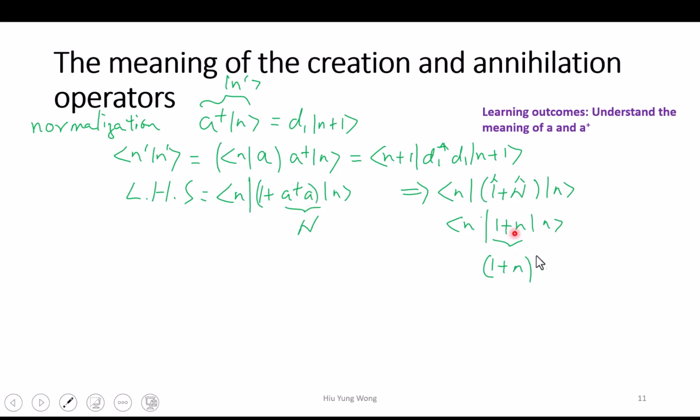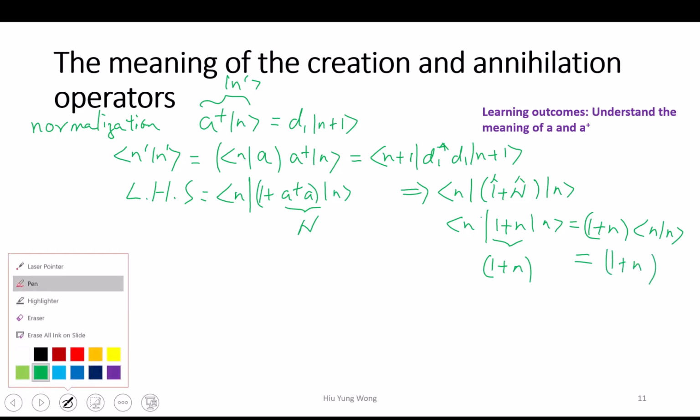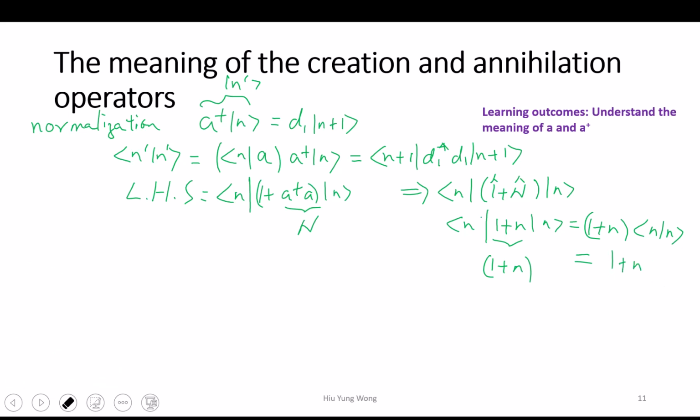Just what I discussed. Then this one becomes 1 plus n times n. But what is n inner product n? 1, right? Because they are normalized. So the left-hand side is equal to 1 plus n. Okay? How about the right-hand side?